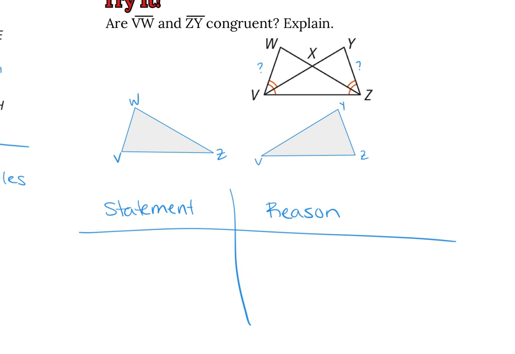My first will be what I'm given. And I can see here that I have angles that are congruent. So they are telling me that angle WVZ is congruent to YZV. So these two angles are congruent. So angle WVZ is congruent to angle YZV. And that was given.